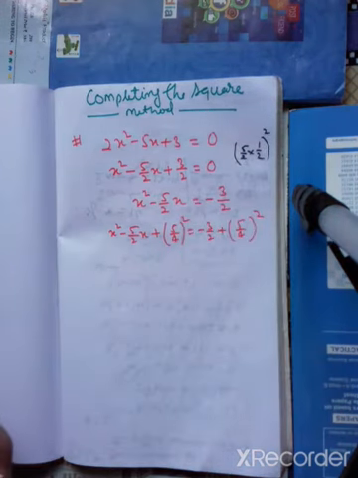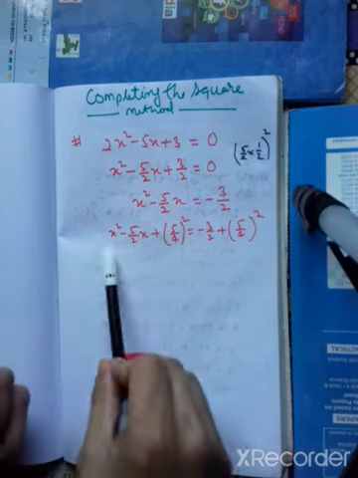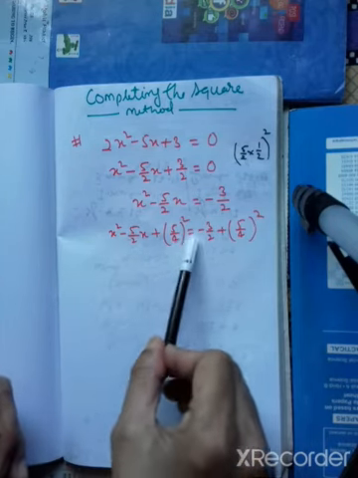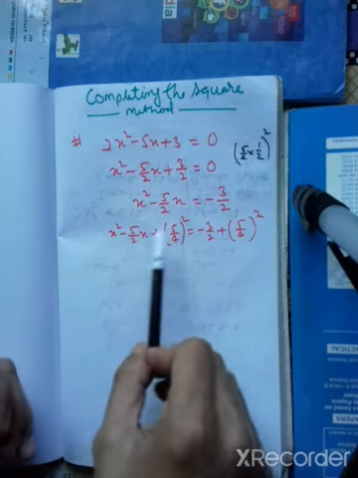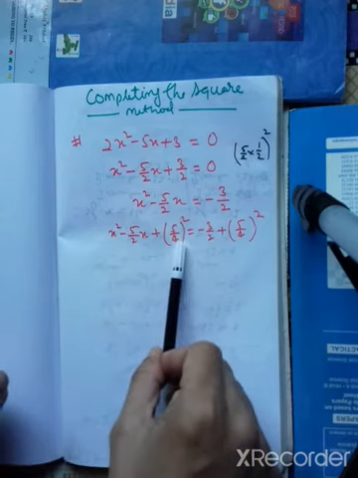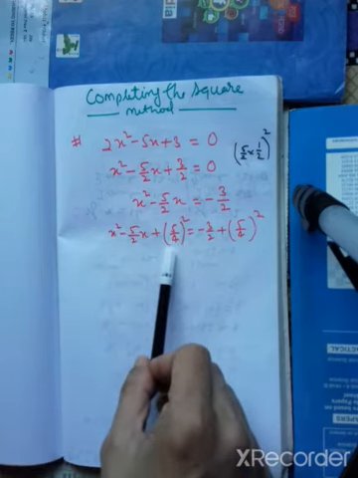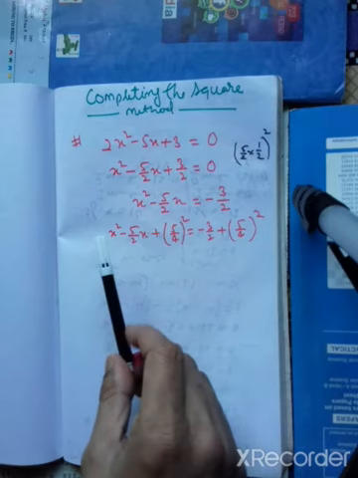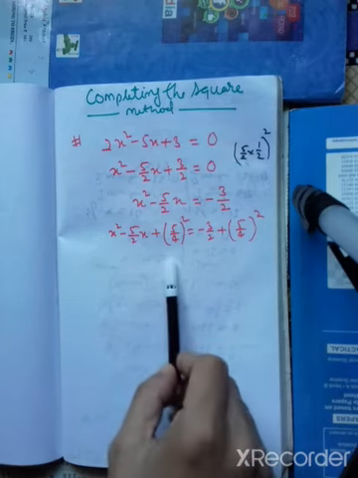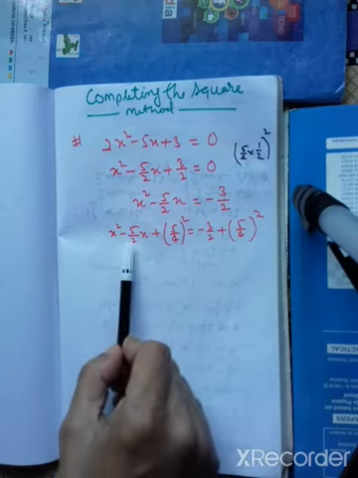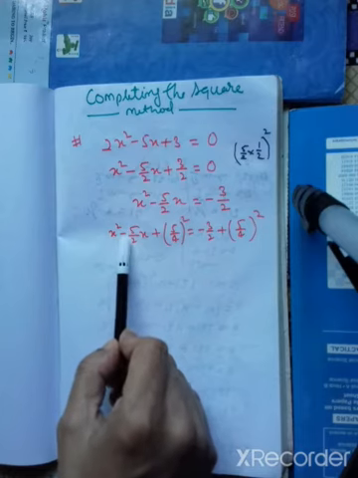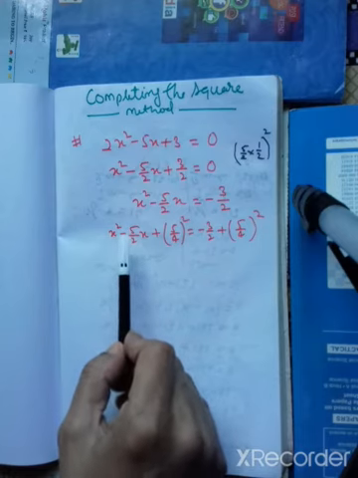Right? So now you see, the term on the left hand side is always either a plus b whole square or a minus b whole square. How are you going to find out whether this is a plus b whole square or a minus b whole square? You see the sign of this middle term. If this is minus, this is a minus b whole square.